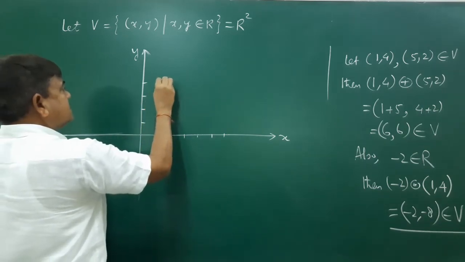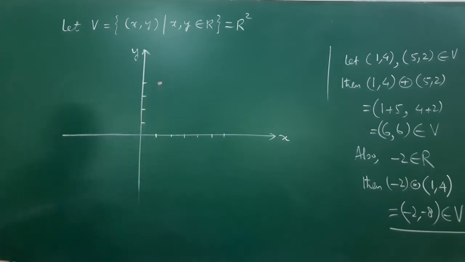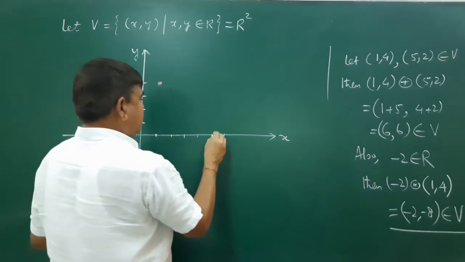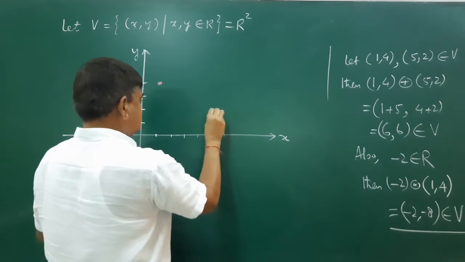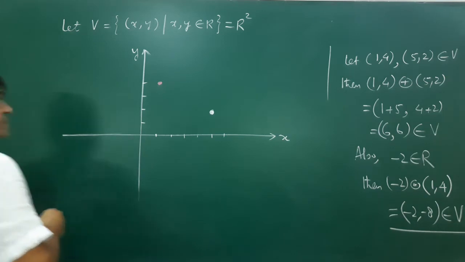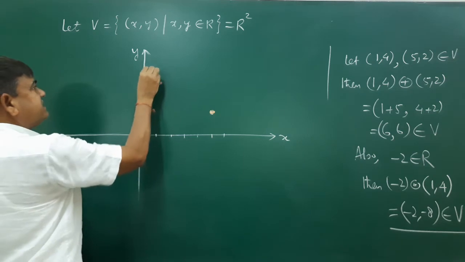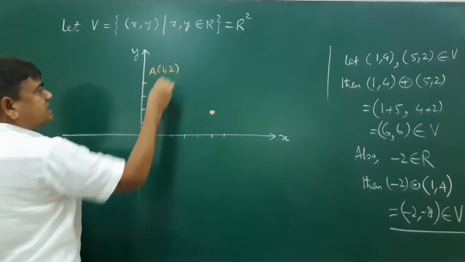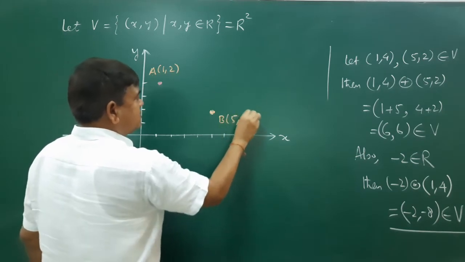Here it is. This is (1, 4). Then (5, 2): 1, 2, 3, 4, 5 and 2 units here. Let us suppose this is the point A and this is the point, I say it is B, that is (5, 2).